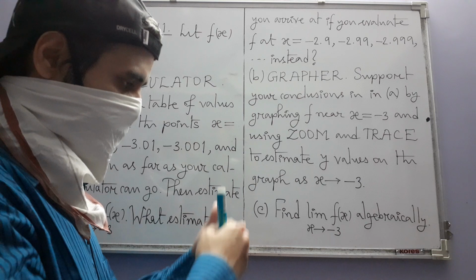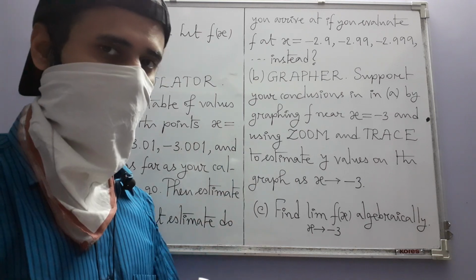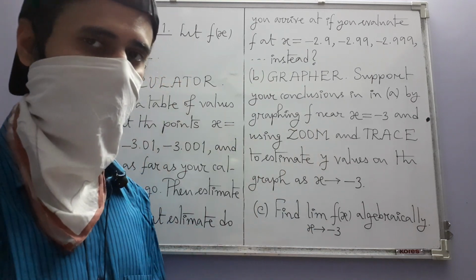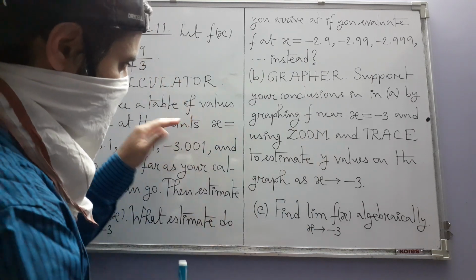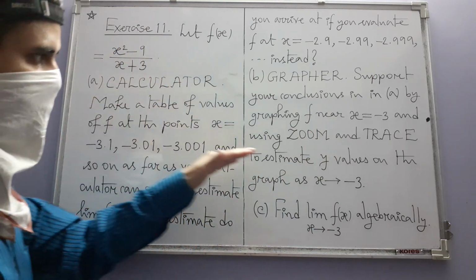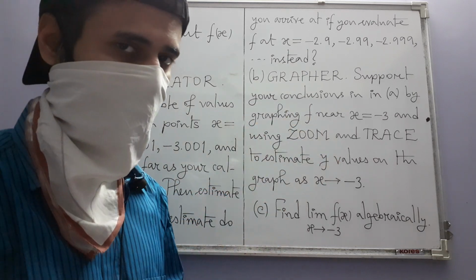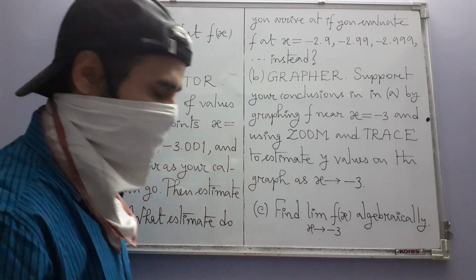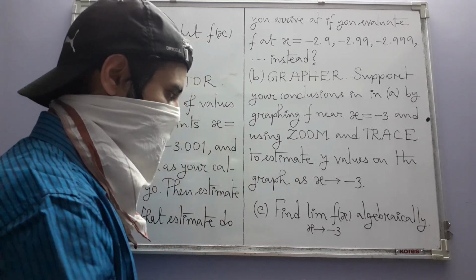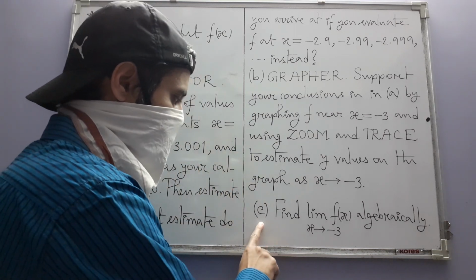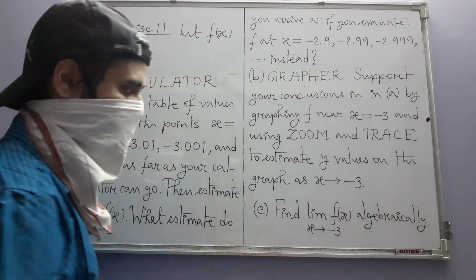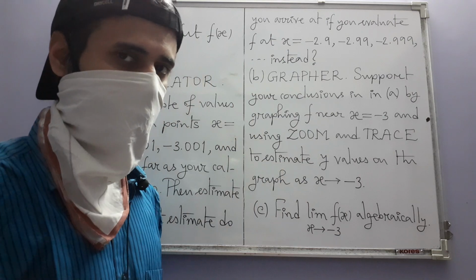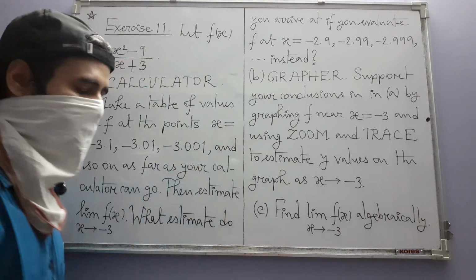That is, as you choose your x values closer and closer to minus 3, again you see what happens to the corresponding y values. But now instead of doing things numerically, you do it on a graphing facility. So that also you do, you see what happens. Instead, what we are going to do is this part C. We will solve part C. Find this limit algebraically. Okay, so let's see that.